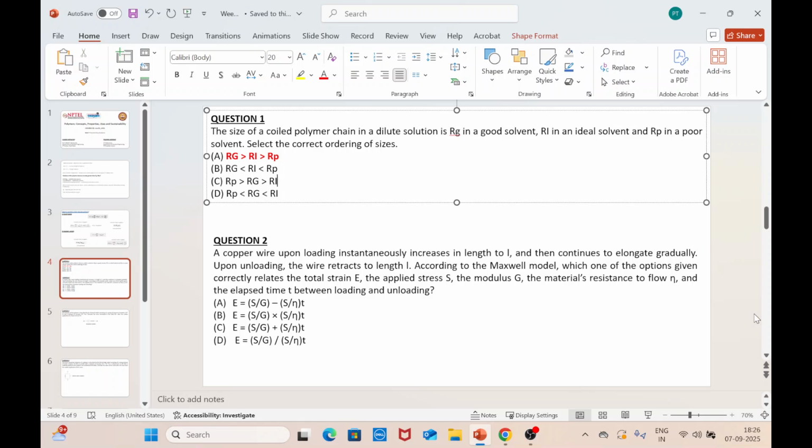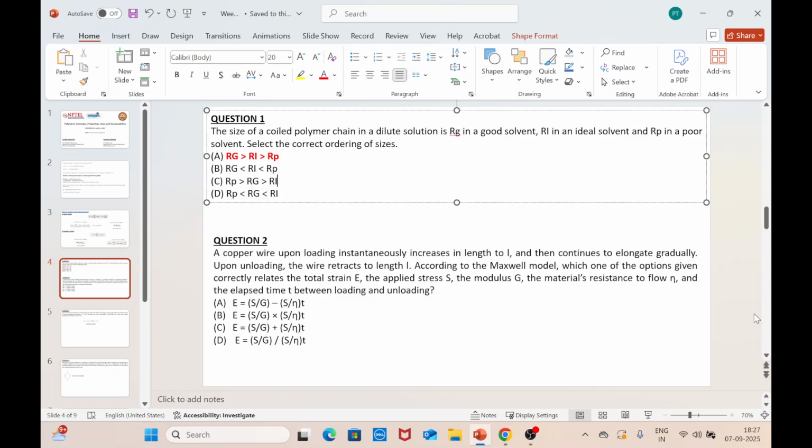So the next question is something like this. It states that a copper wire, upon loading, instantaneously increases its length to L and then continuously elongates gradually.